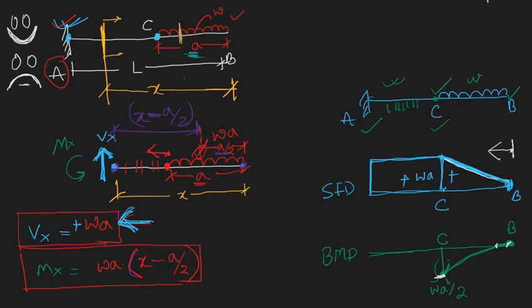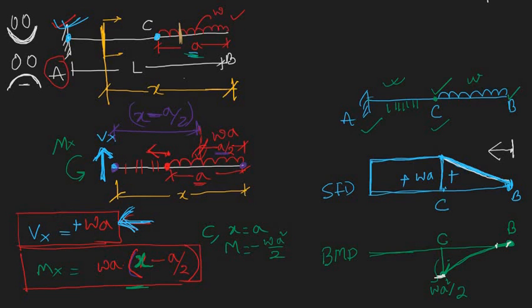Now let me complete the bending moment diagram also. Here you can see that the bending moment is varying linearly. This is a function of x, not x square. Initially it was a function of x square, or parabolic, so here it is linear. At C, x was simply a, so the moment was minus W a square by 2.